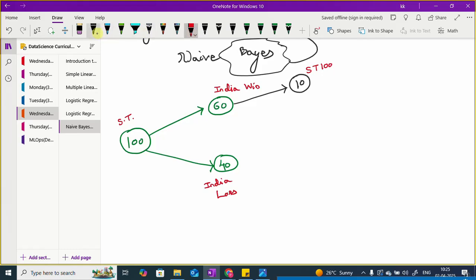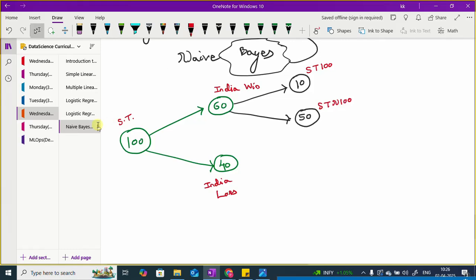That means the remaining matches are 60 minus 10, which is nothing but 50 matches where India win, but Sachin Tendulkar does not make a century. So Sachin Tendulkar, no 100, does not make a century. Clear?